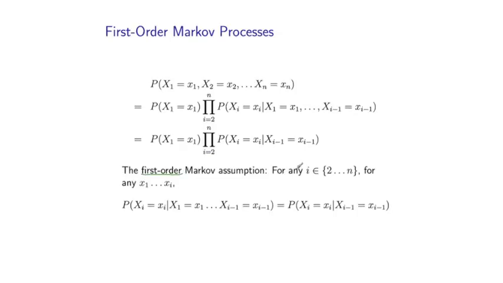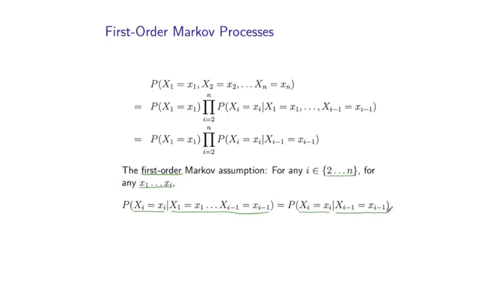But this is just saying that for any position i in the range 2 to n, for any sequence x1 through xi, the probability that Xi is xi, given these previous values in the sequence, is equal to the probability that Xi equals xi, conditioned on just the previous value at i minus 1.